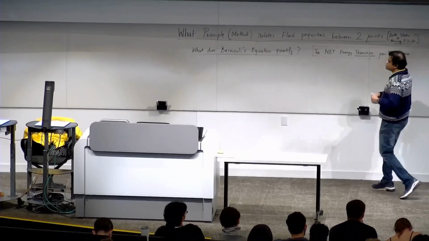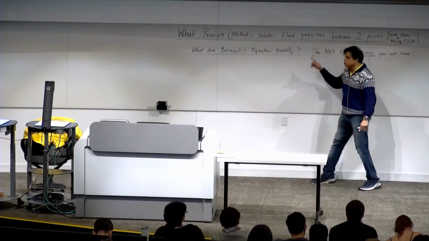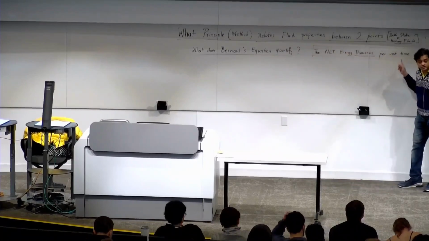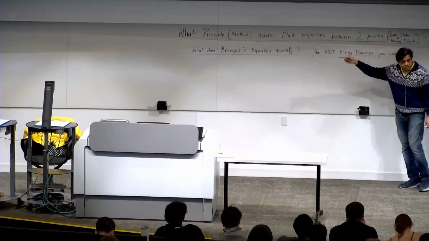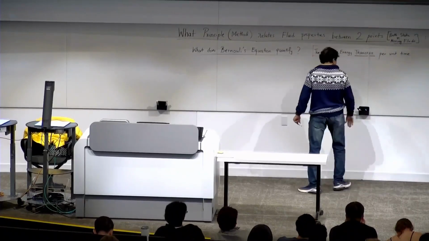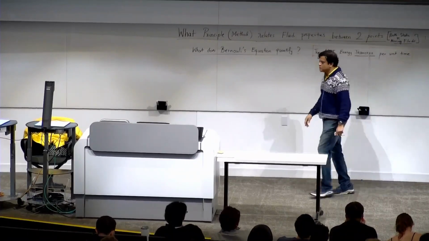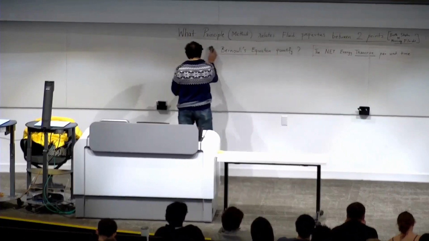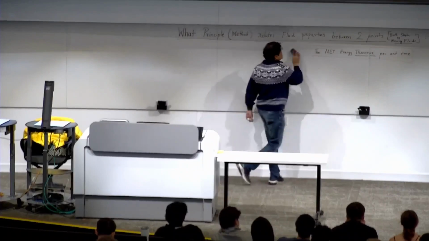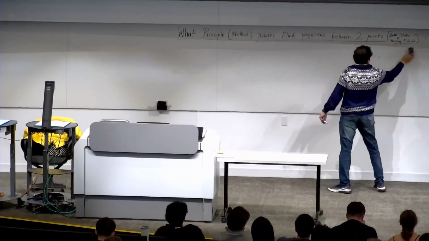If you get a conceptual question, what does it quantify? You should write this: it is the net energy transfer per unit time. If I say derive Bernoulli's equation, you are going to do something else now. So, to derive Bernoulli's equation, we do the following.